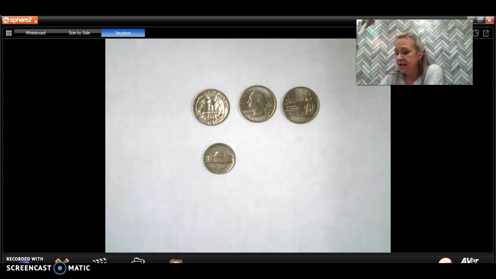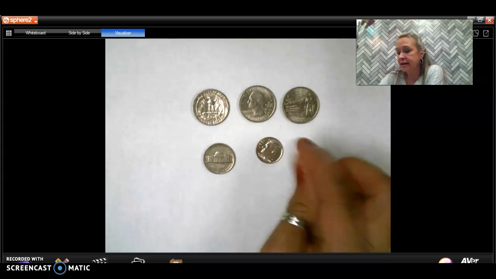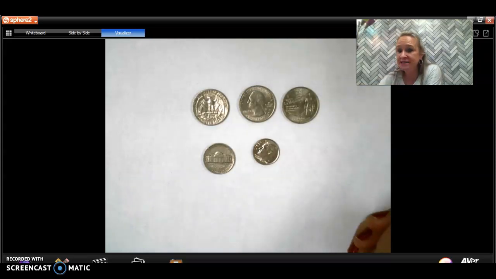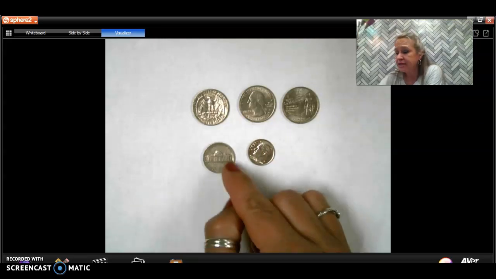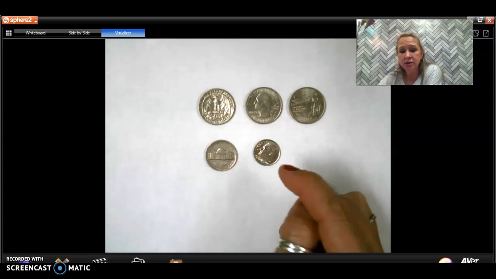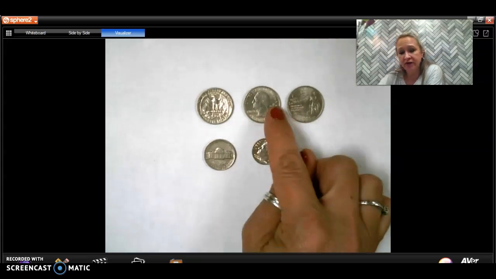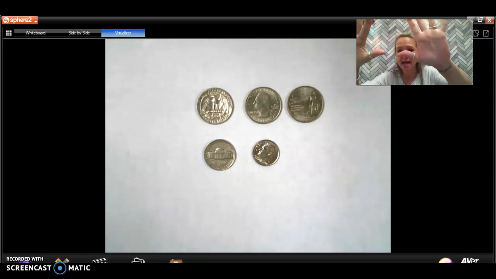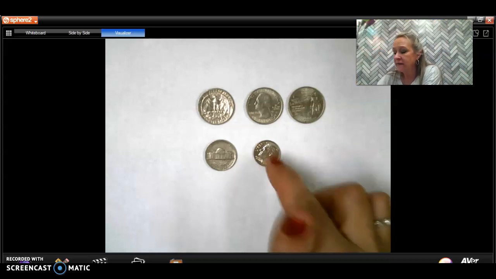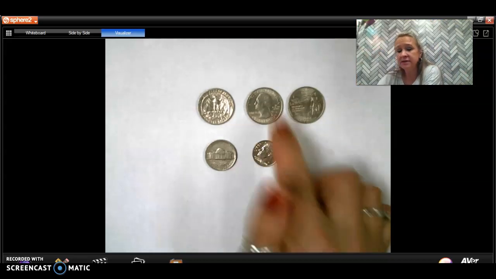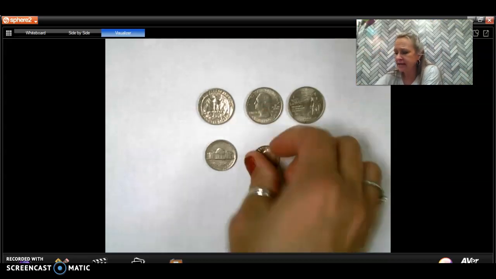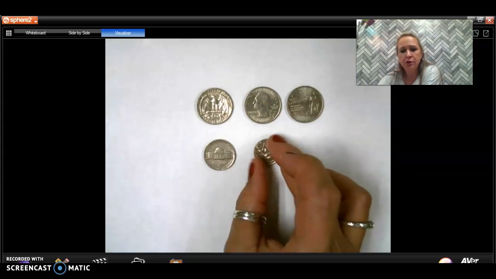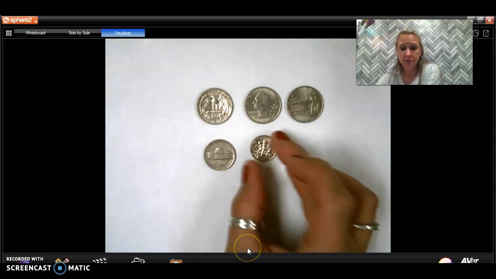Correct. Now let's look at a quarter and a dime. What do you notice there? That's right. The dime is much smaller. Is it the same amount as the quarter? No, the quarter is 25 cents. How much is the dime? 10 cents. Are they both silver? Are they both round? They both have a head. What about the backs? Are the backs the same? No, the backs are not the same.